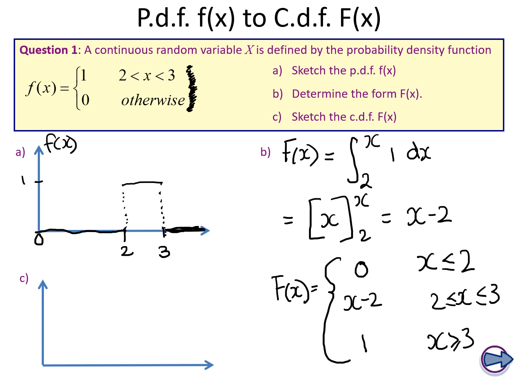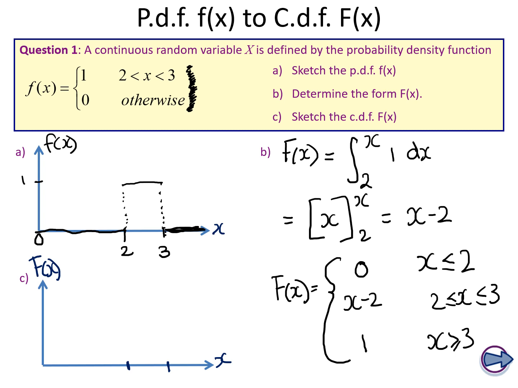So, let's sketch the graph. I'll put big F here, cumulative distribution, and x there. Now we've got 2, and 3, and above it.